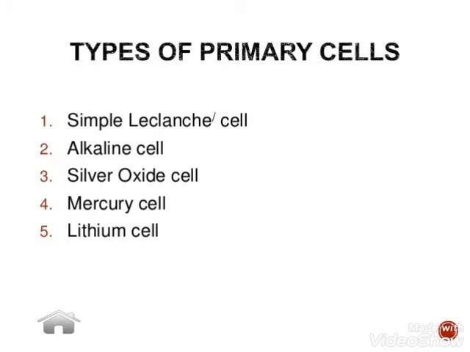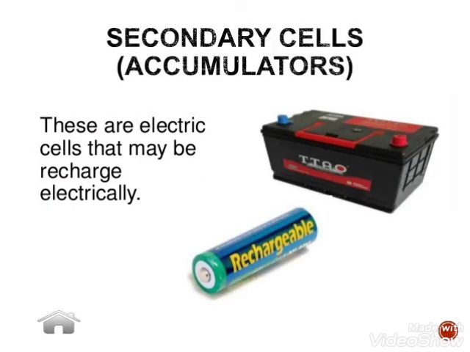We have different types of primary cells: the simple Leclanche cell, alkaline cells, silver oxide cells, mercury cells, and lithium cells. So we have a variety of cells which we use as per our convenience, how we want to use, where we want to use.